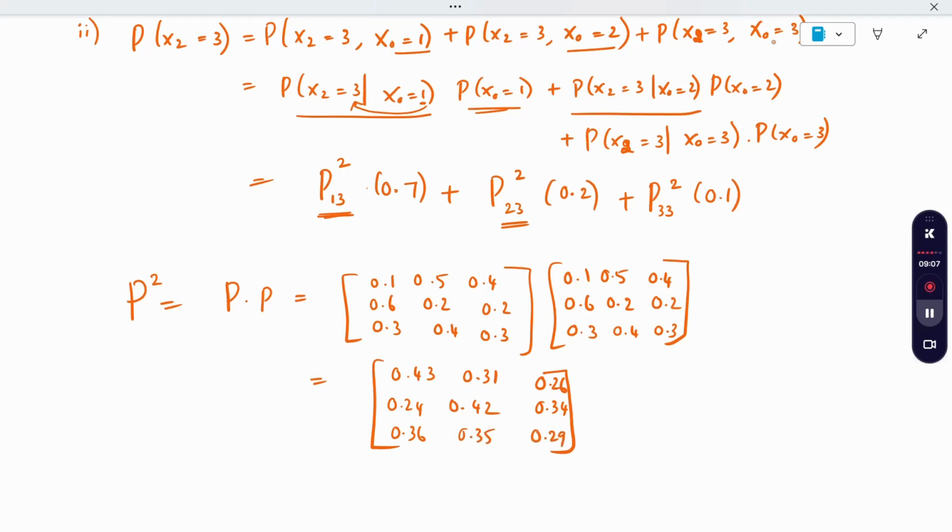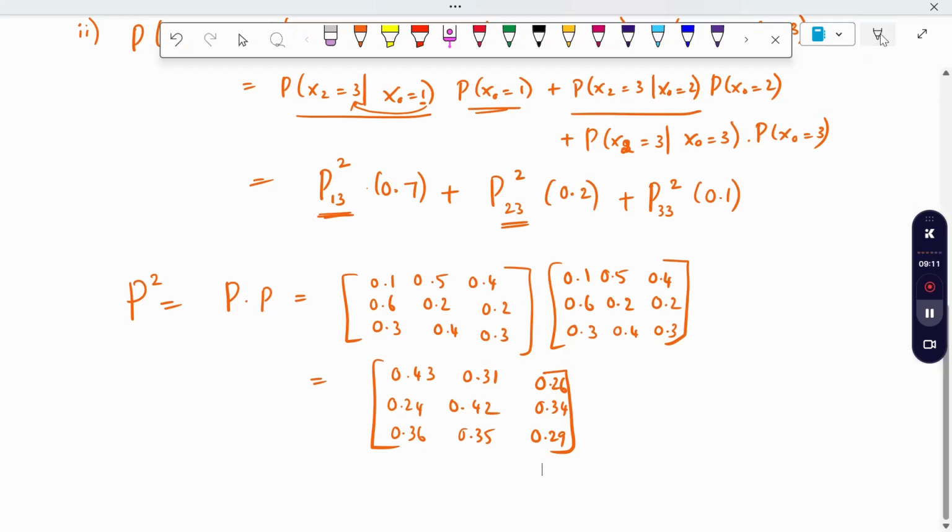Now what is the question asked? P13 squared is asked. P13 means this at square; this is P13, P23 and P33.